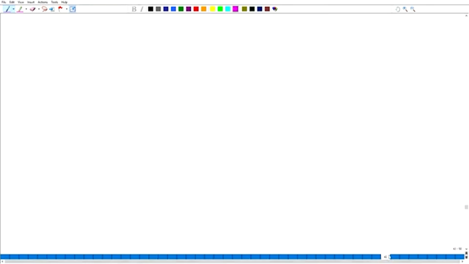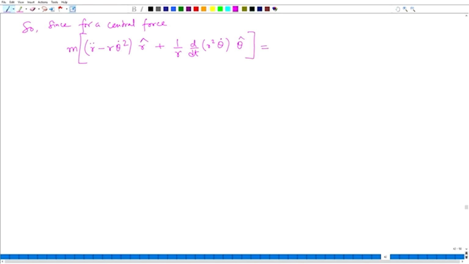I can say, since for a central force, m r double dot minus r theta dot square r cap, I am just writing like this, plus 1 by r d/dt of r square theta dot theta cap is equal to F r cap, then I have two immediate conclusions.